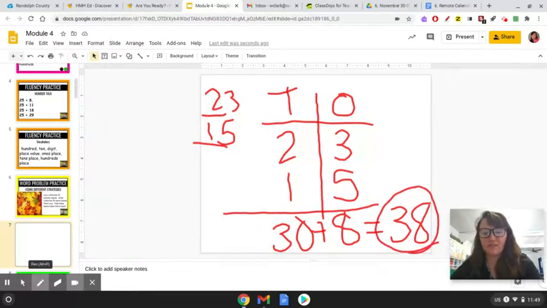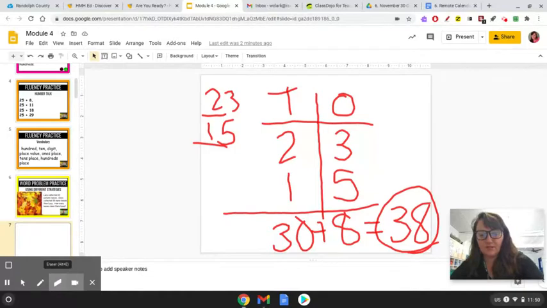So technically 3 tens would be 300, but I wrote the 0 there so you could see that this is not just a 2, it's a 20, and this is not a 1, it's a 10, okay? So that's why I wrote that there. All right, so your answer for this problem is 38. So give yourself a pat on the back. Don't forget, you need to pause the video for you guys to work this out.